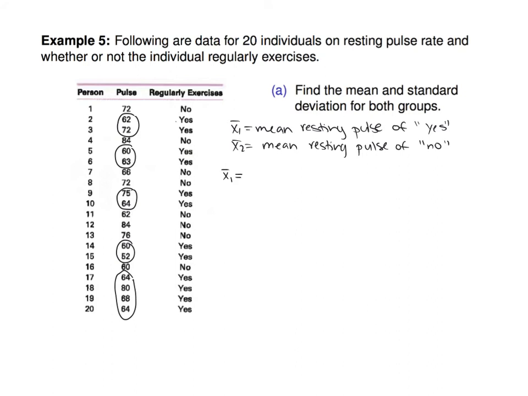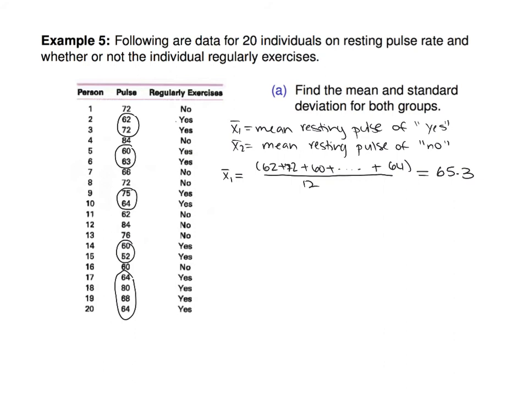So x1 bar obviously is going to be adding these up and averaging them. So like 62 plus 72 plus 60, and so on, until you get up to 64. If you divide then by 12, the average pulse rate for this group you get is 65.3.